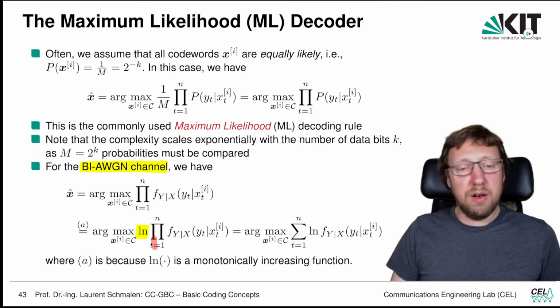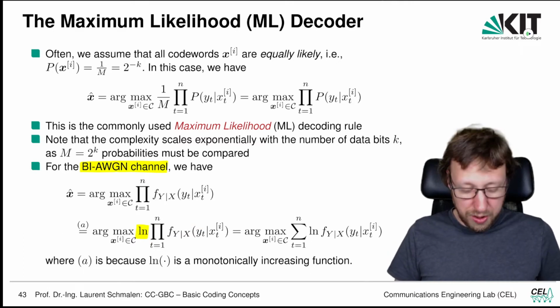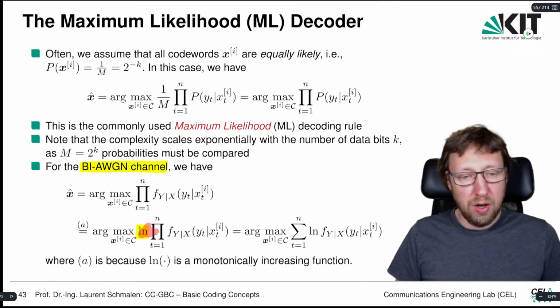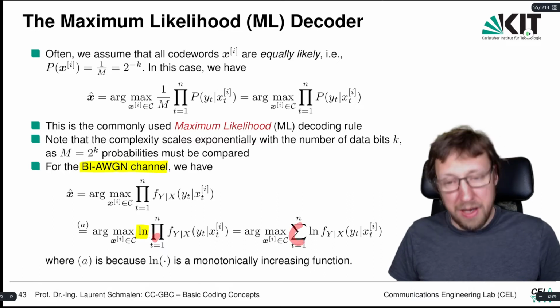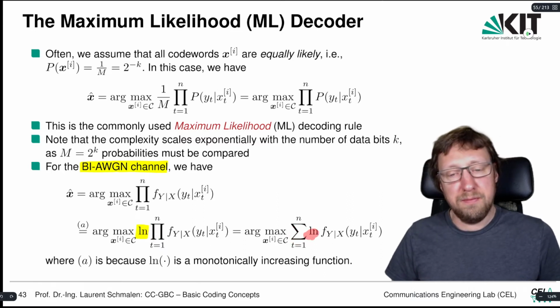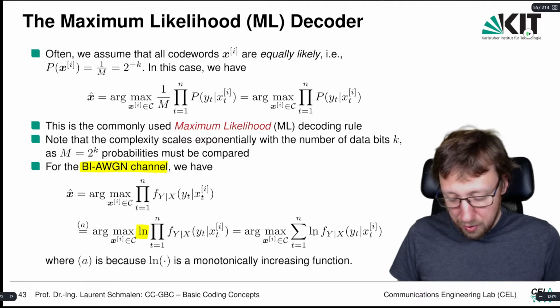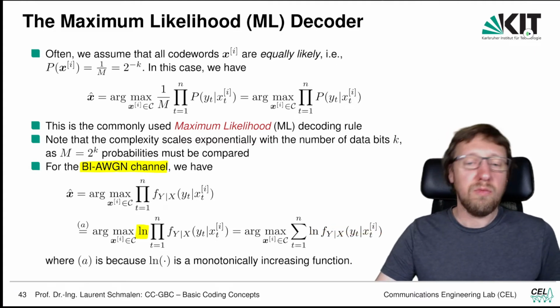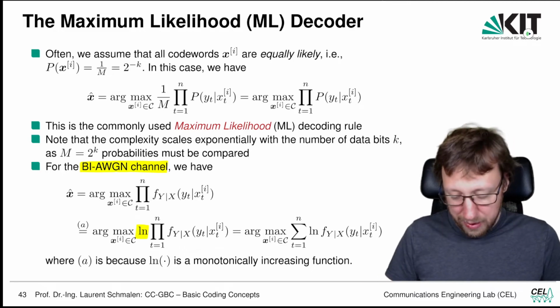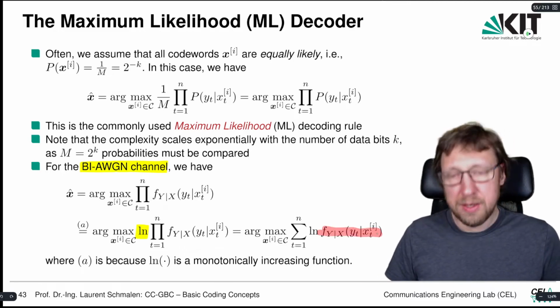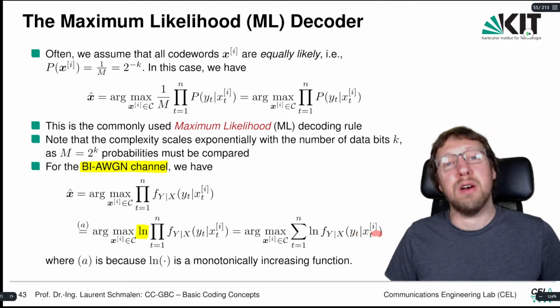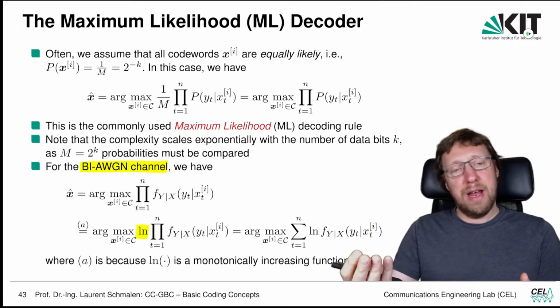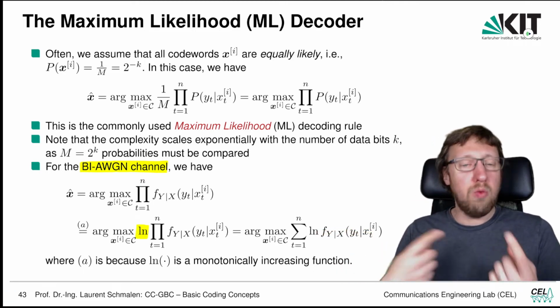So applying the logarithm doesn't change anything, and now we can replace the log of the product by the summation of the logarithms. So we have the sum over log of f of y given x. Now we can insert f of y given x, and there is hope that we can further simplify because the logarithm and the exponential in the AWGN channel will cancel each other.